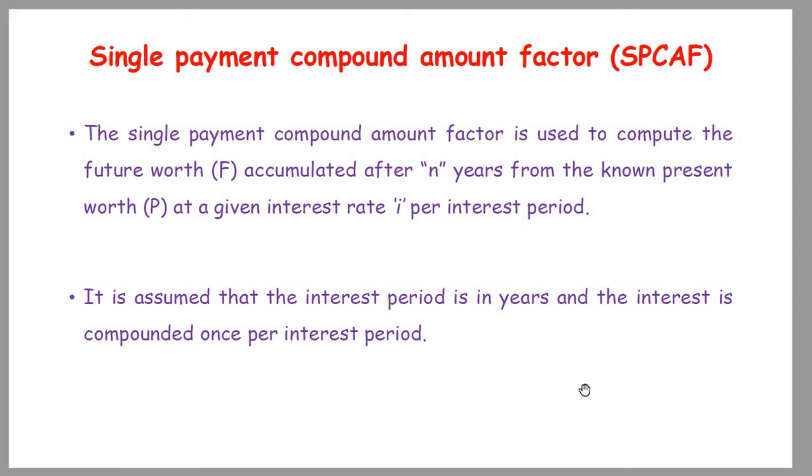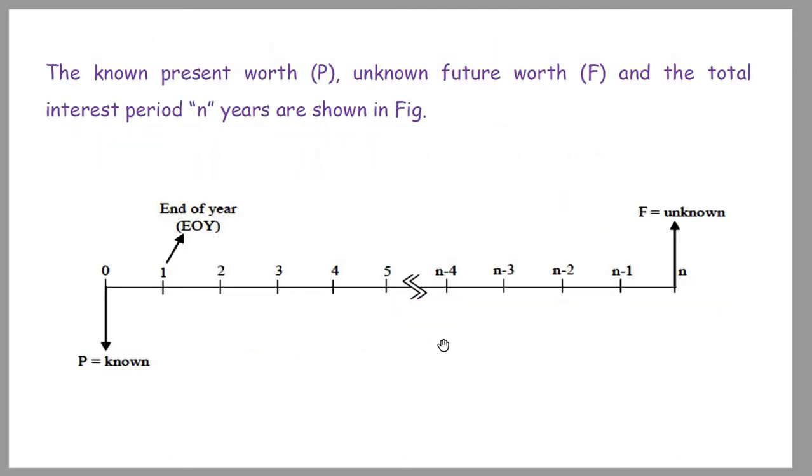So in that case, what will be the total amount at the end of the 10 years? It can be calculated from the single payment compound amount factor, right? It is assumed that the interest period is in years and the interest is compounded once per interest period, right?